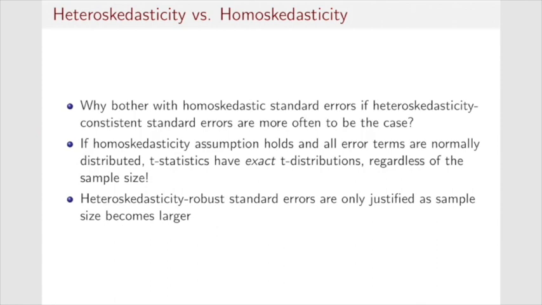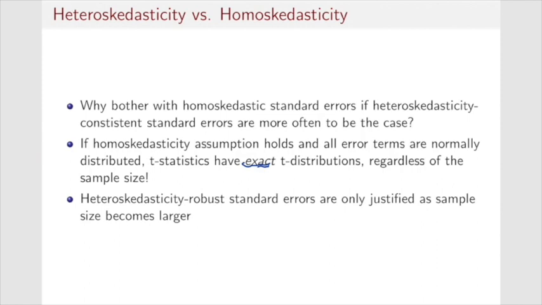The answer depends on whether we can or cannot have an exact distribution for the t-statistics constructed based on the robust standard errors. If the homoscedasticity assumption holds and all error terms are normally distributed, we've learned before that the t-statistics have the exact t-distribution, regardless of the sample size.